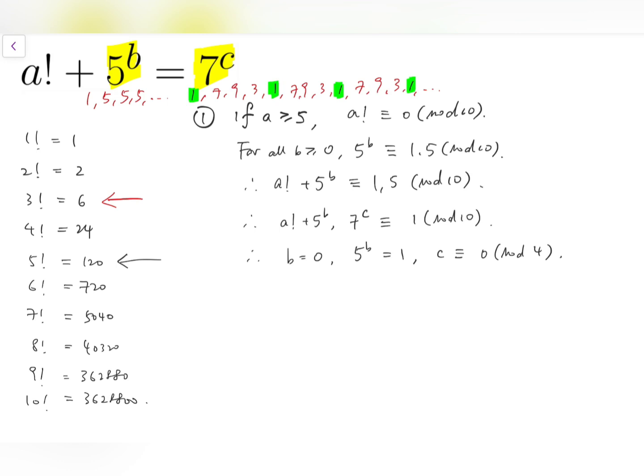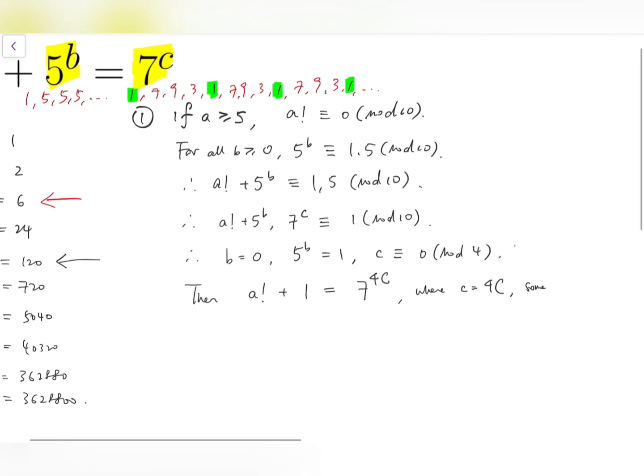So let's see. Then the equation becomes a factorial plus 1 equals 7 to the power 4c. Here I'm using a capital letter C. In fact, I should erase this.